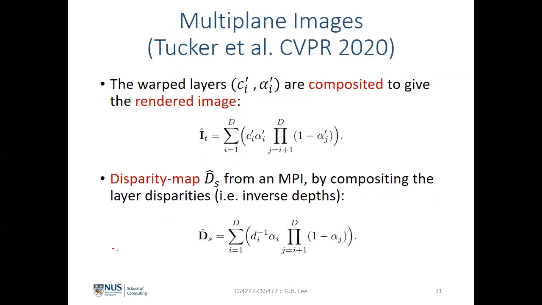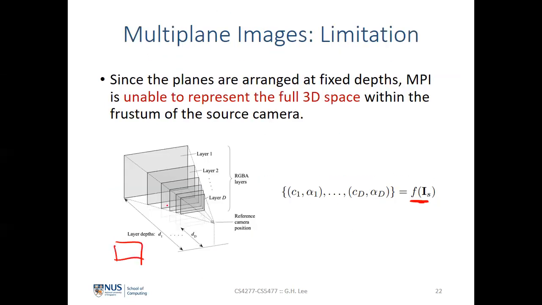When you render it from another view, because of the quantization error, the quality of the rendered view might not be that good, because there is a gap between each individual plane. Therefore, it's not going to be that good.